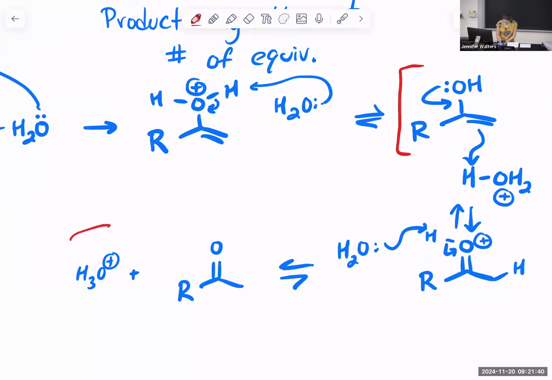So this is the tautomerization, going from the enol to the carbonyl.